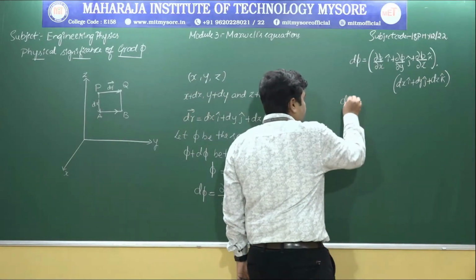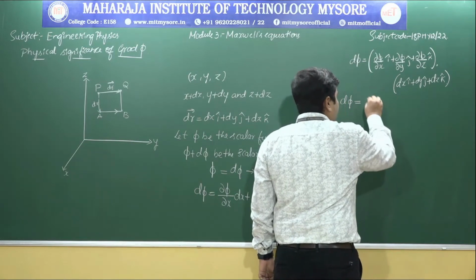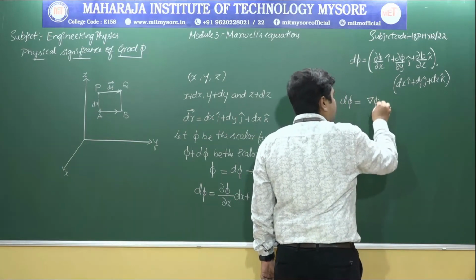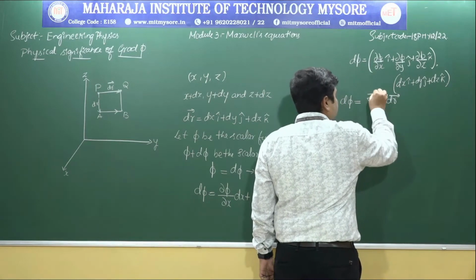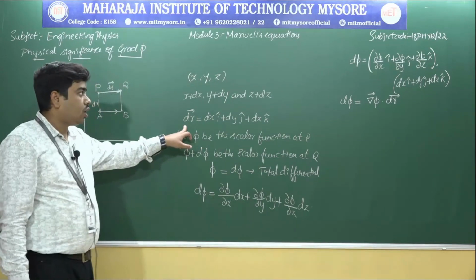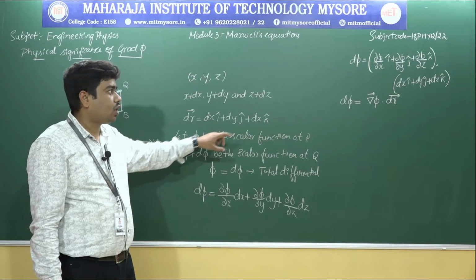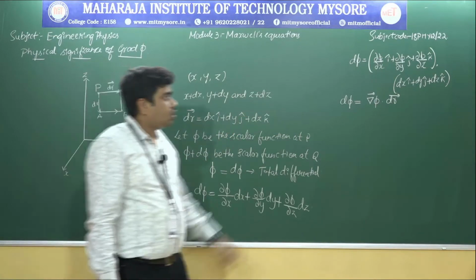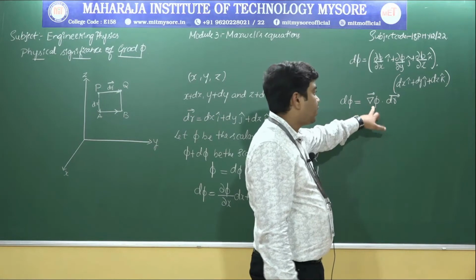Now, we can write it further. d phi is equal to del phi dot dr, because we have written here vector dr is equal to dx into i cap plus dy into j cap plus dz into k cap. Now, del is the operator and phi is the scalar function.